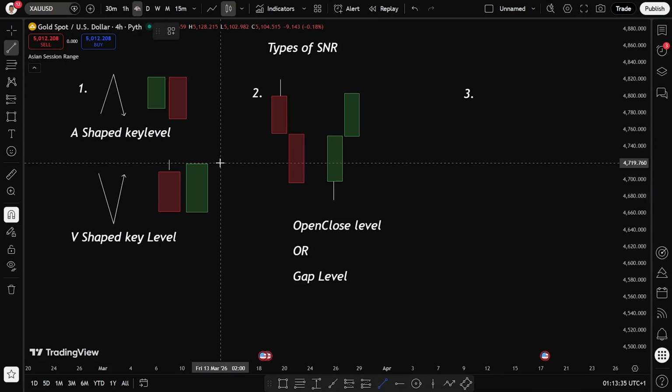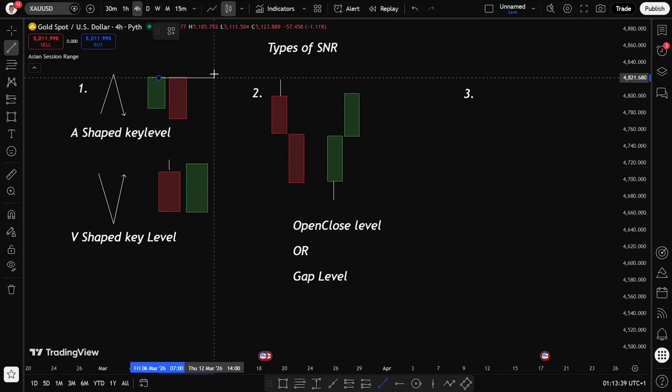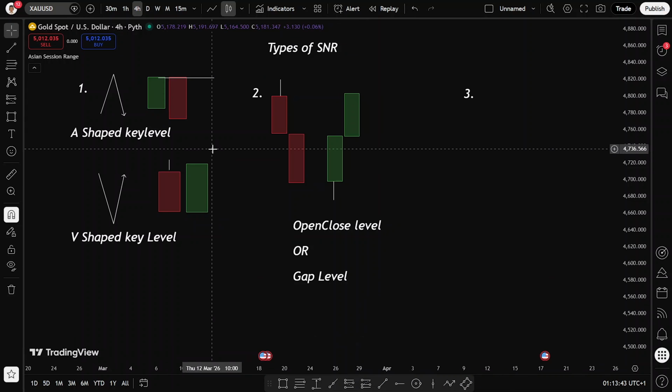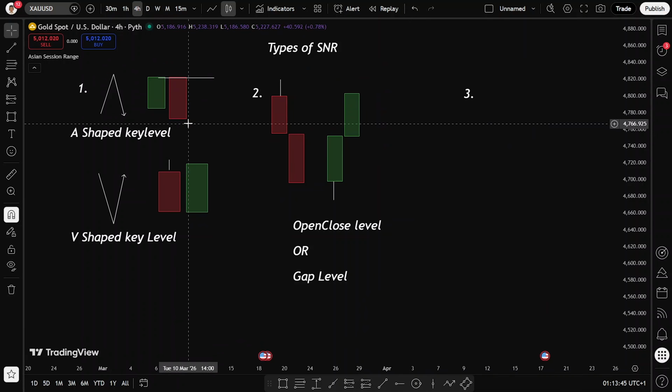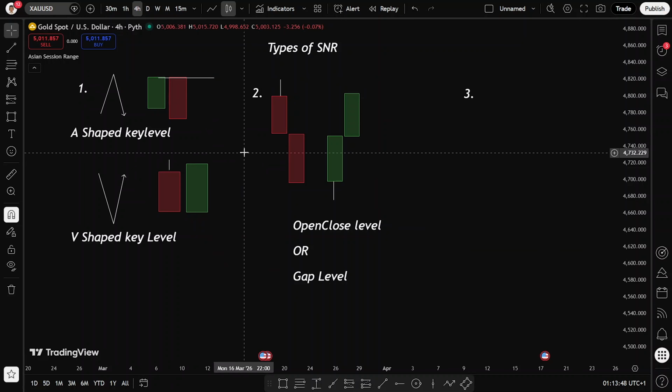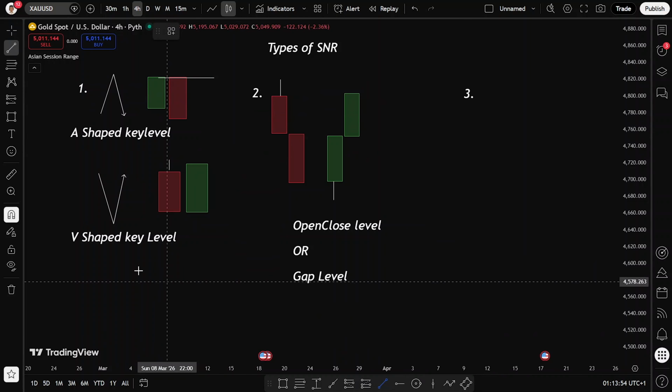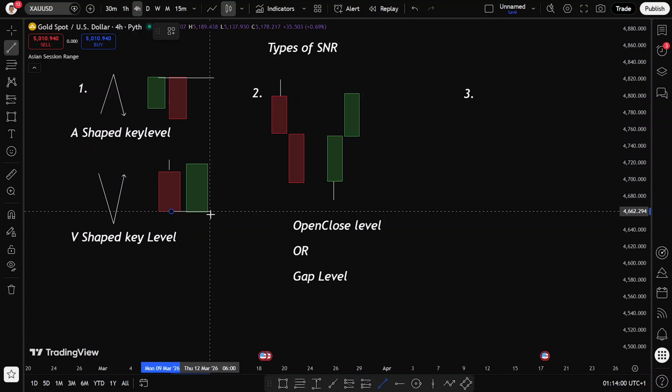So for the A-shaped key level, we mark out the closing price of the bullish candle. Then wait for price. If we're taking trades on the chart, wait for price to come into this level and take our sells. This is for resistance. Then for the supports, we have the V-shaped key level. We mark the bearish candle's closing price for the supports.